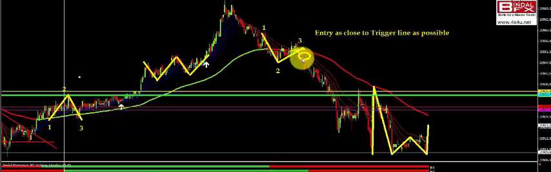So often I'm getting away with something like a 10 to 12 pip stop loss, and aiming to get more than 30 to 40 pips. Okay, often I could end up getting as much as 100 pips on that.